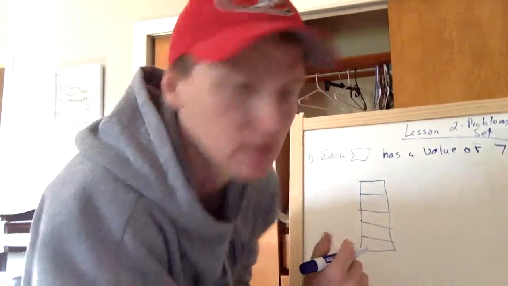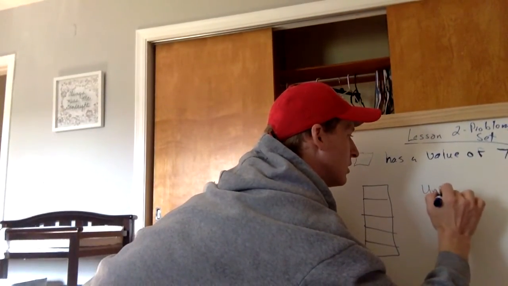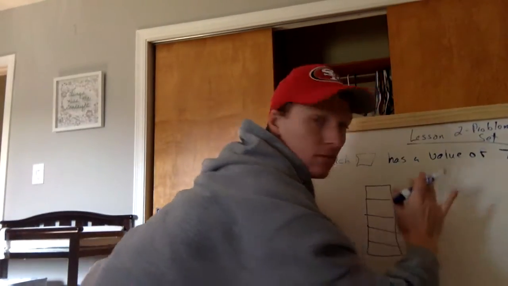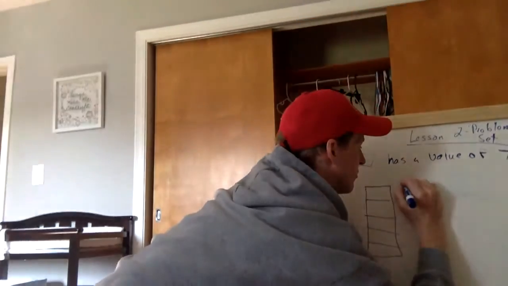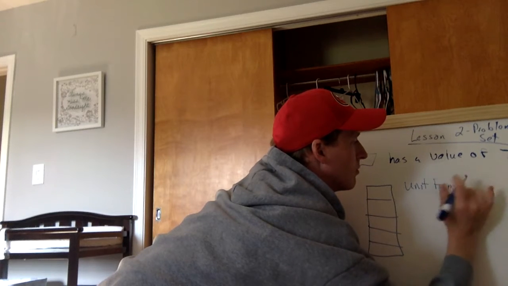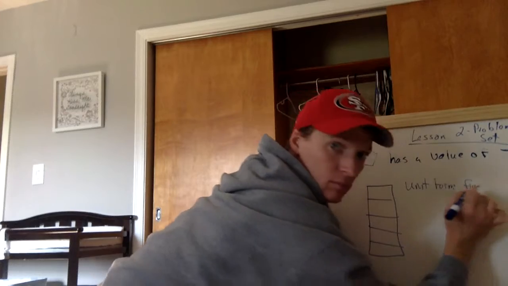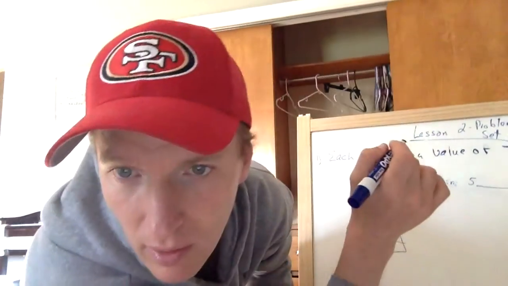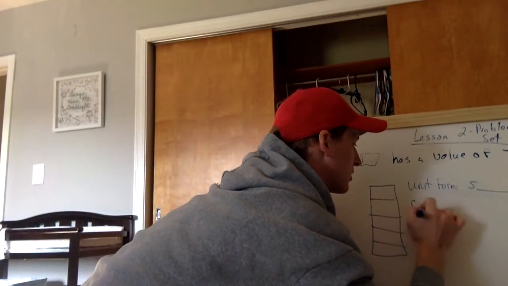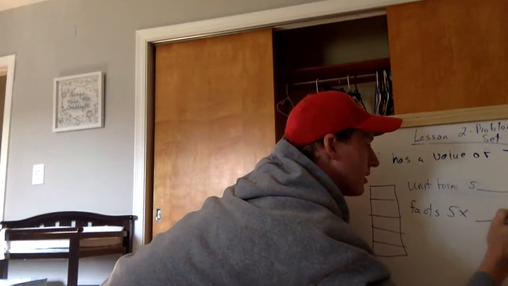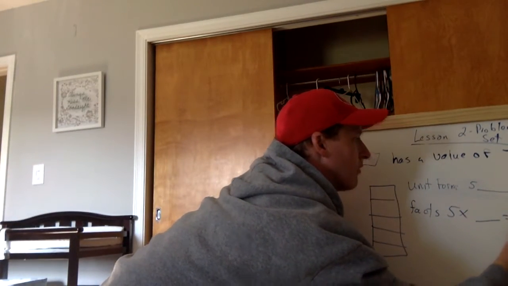And it says unit form, and then facts: blank equals blank times 5.